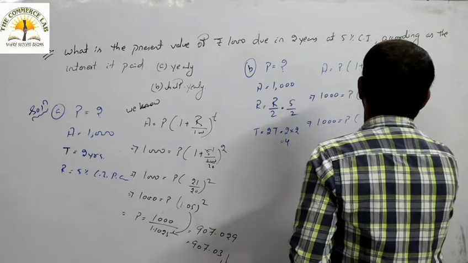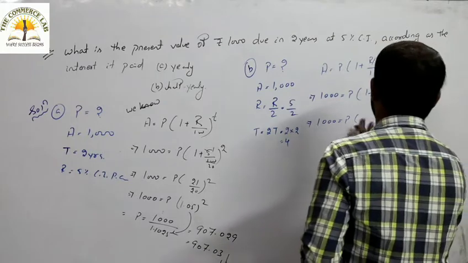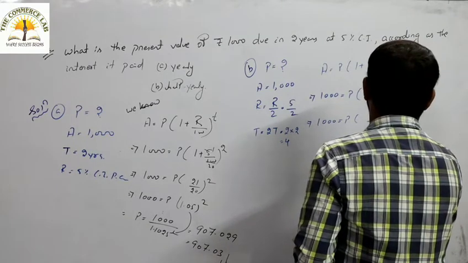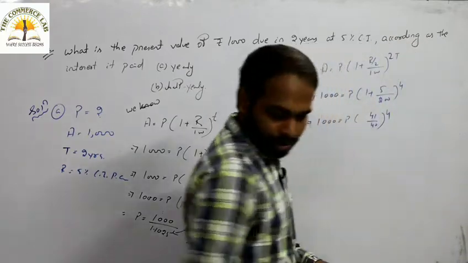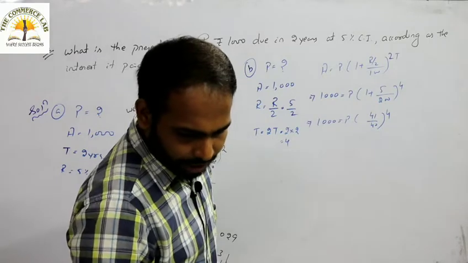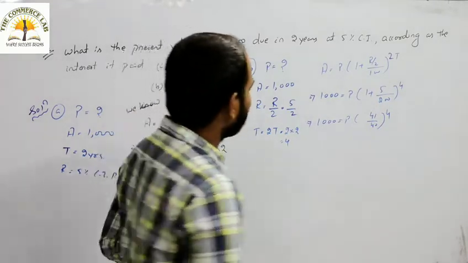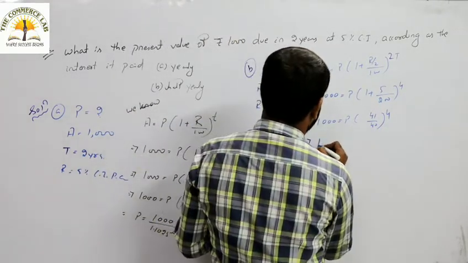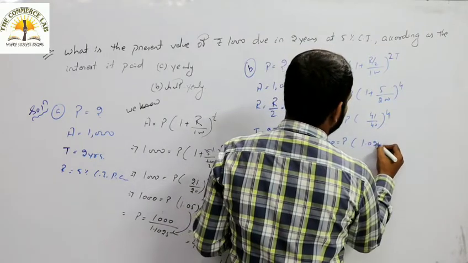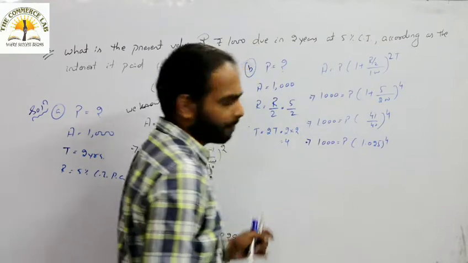P into 1 by 40, 40 plus 1, 41 by 40 to the power 4. Then 41 divided by 40 is 1.025. 1.025 to the power 4.